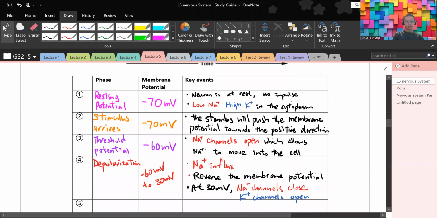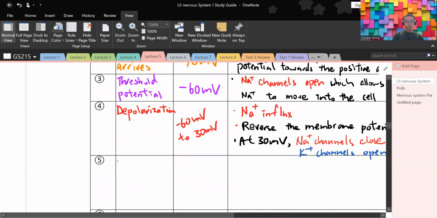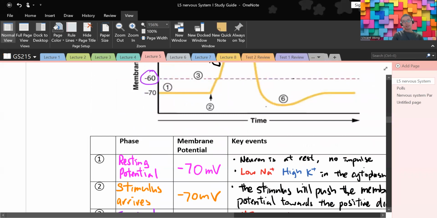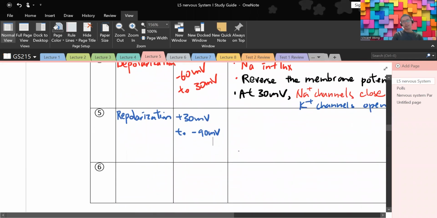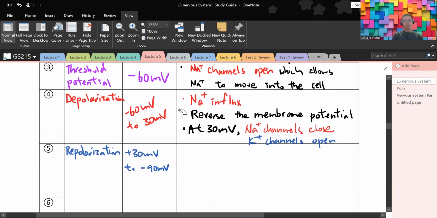Repolarization. That would be going from positive 30 all the way down to minus 90, because there are so many of them leaving, driven by the two forces.